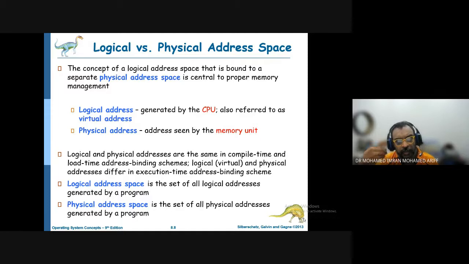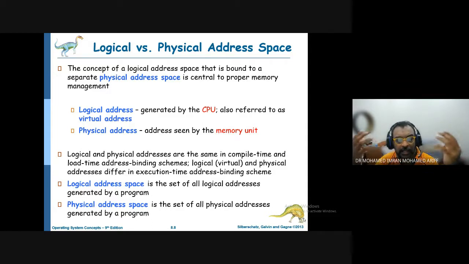As I showed you in the previous slides, when the CPU needs a specific file from the main memory, it comes out with something called a logical address. So the logical address is generated by the CPU. However, this logical address is converted based on the base and the limit, and it comes up with a new address, which is known as the physical address.